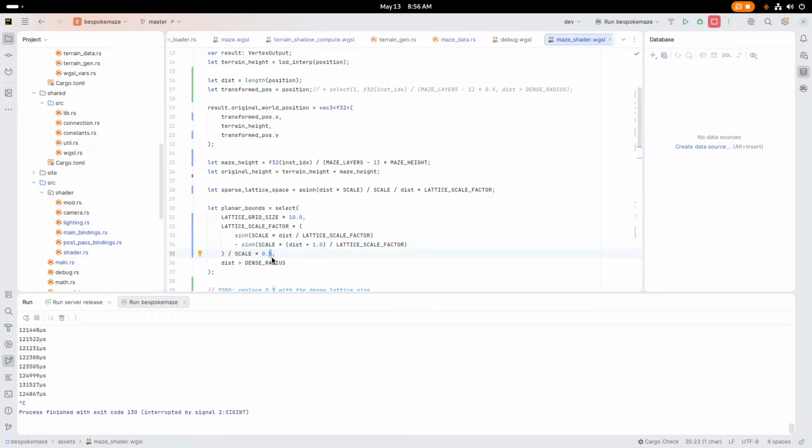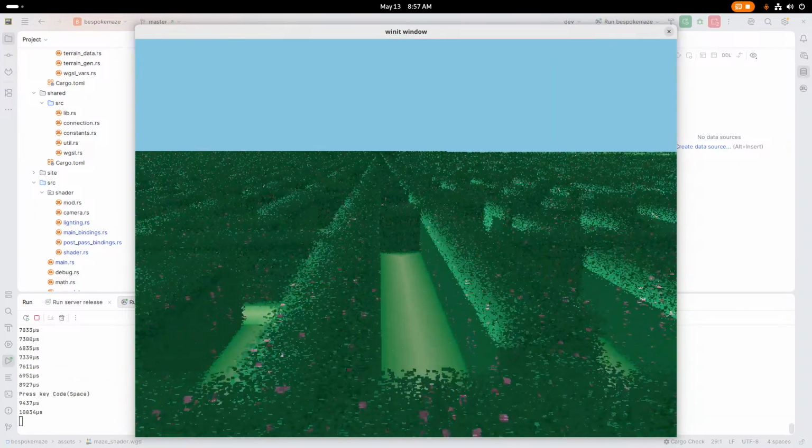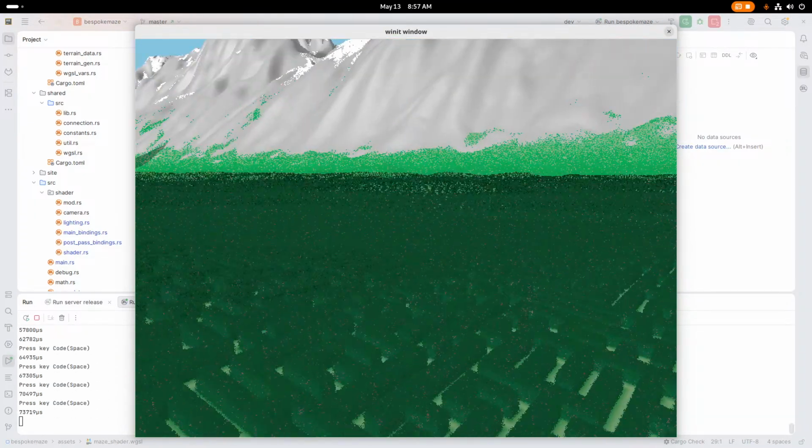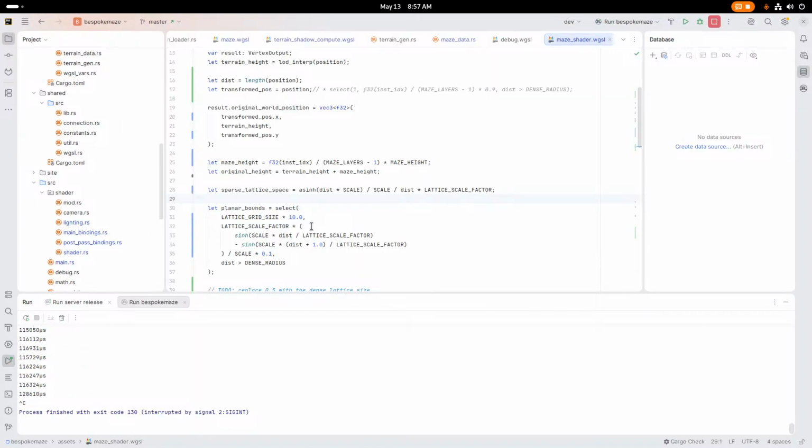Why is it so insanely slow? 0.1? Yeah, why is it so slow? That's crazy. I guess maybe this number is just like... most likely my math is just wrong.